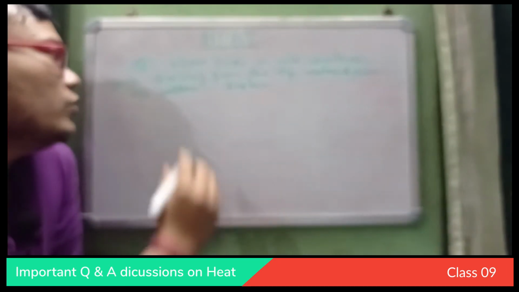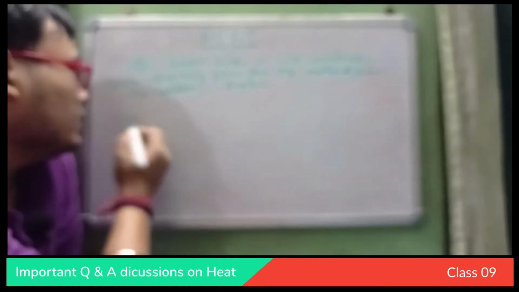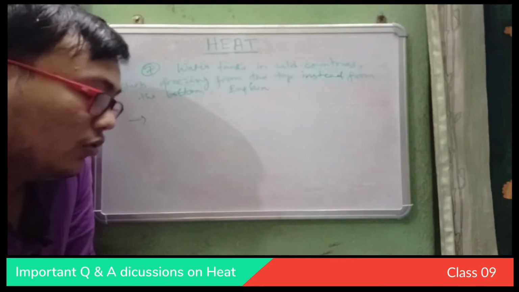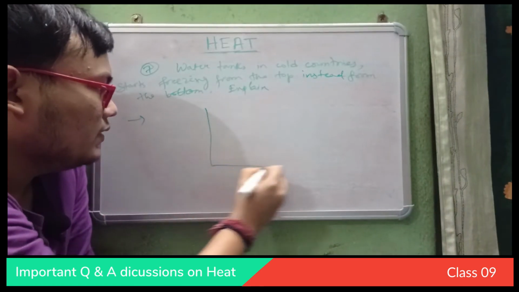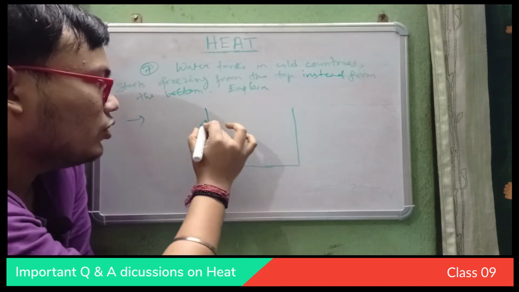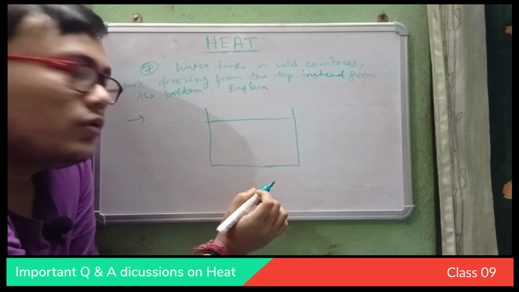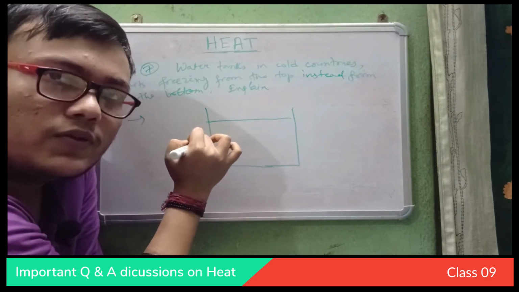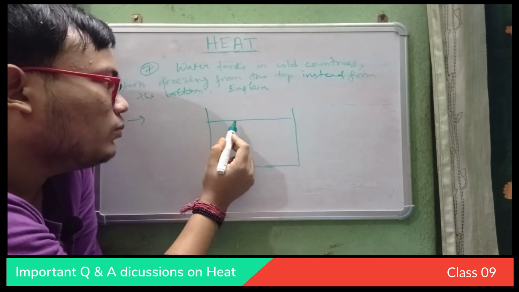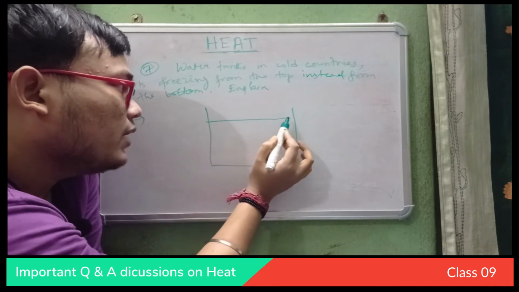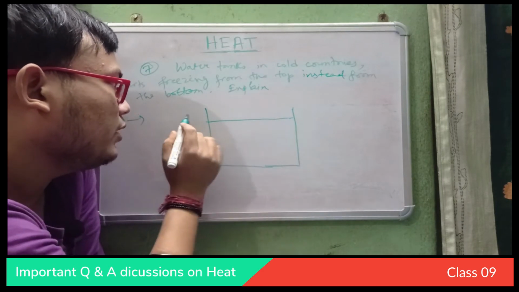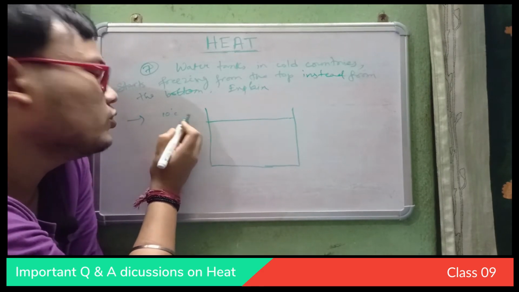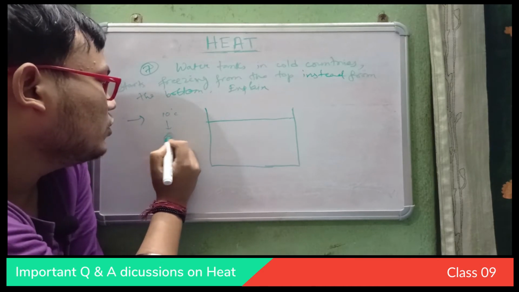Let's say this is a tank which contains water. Initially, when the temperature drops, water at the top will start to contract as it cools from 10 degrees Celsius, until it reaches 4 degrees Celsius.